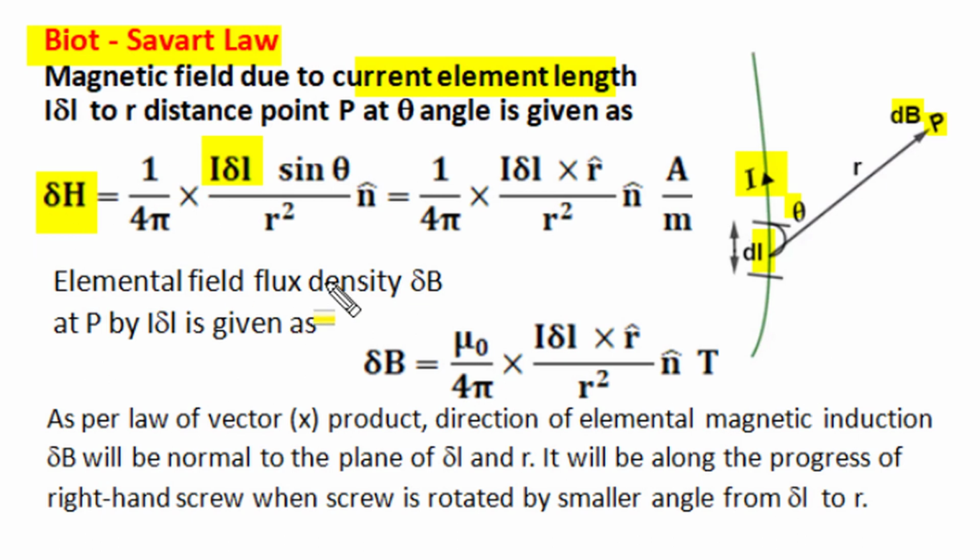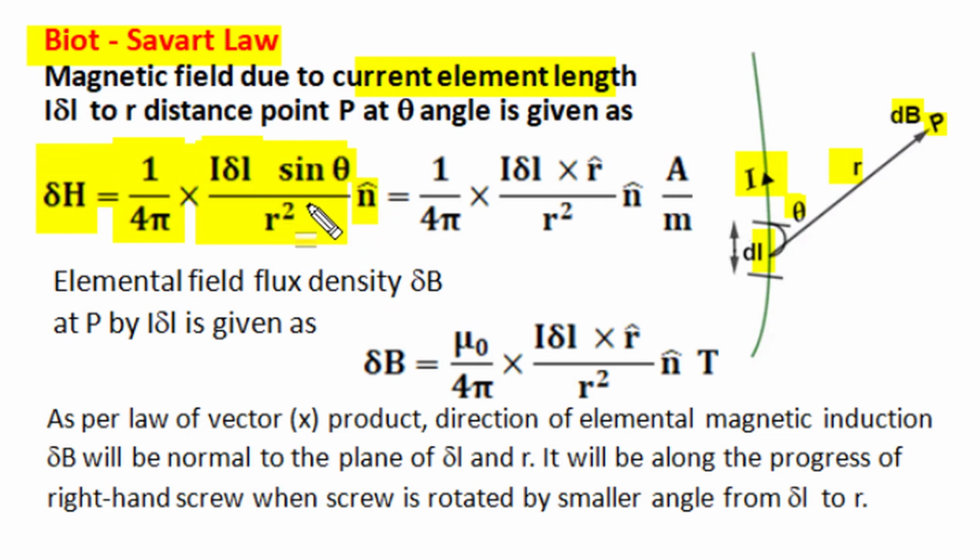This magnetic field is inversely proportional to the square of the distance of the observation position from the current element, so it is a 1 over r square relation, and the magnetic field also depends upon the orientation angle theta, directly proportional to sine of that angle theta. When combined and converted into equality, we use a constant 1 upon 4 pi, and since magnetic field is a vector quantity, its direction is denoted by the unit vector n cap.